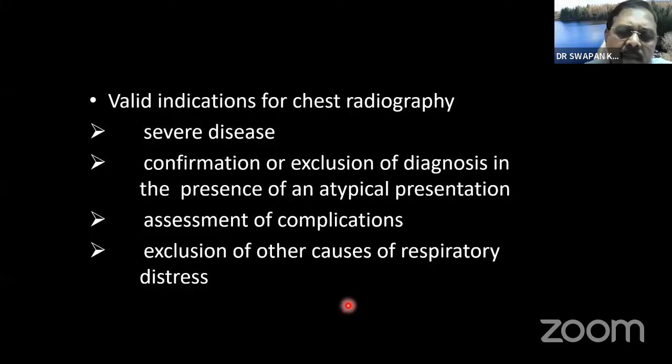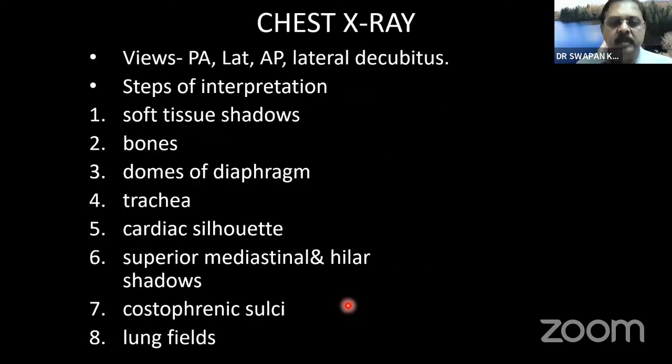There are a lot of other causes of respiratory distress apart from the pulmonary causes: the heart, the central cause, metabolic cause, and neurological cause, etc. So you must know how to read the X-ray properly. You must know the views: the PA view, AP view, lateral view, and the lateral decubitus view. These are the views I will discuss in the next slides.